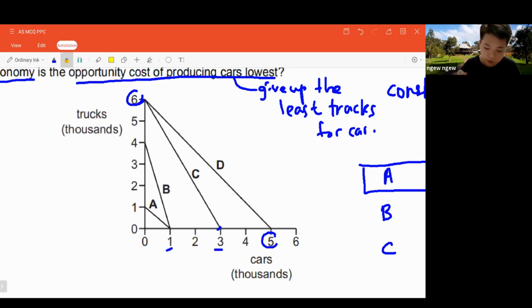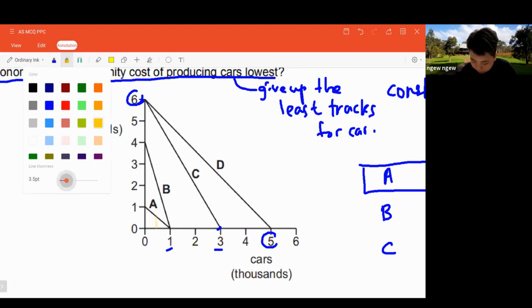Because they are asking 1 unit of car gives out how many units of trucks, or the opportunity cost of producing cars in terms of trucks. So what I do is I will just draw a line. This is not deep enough, and I think I will use another brighter color.